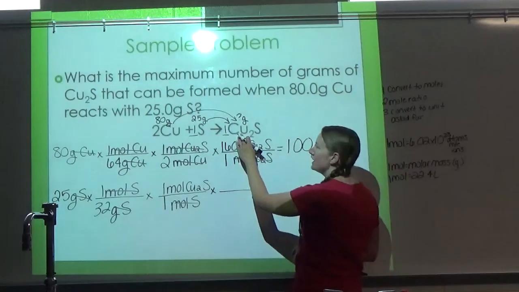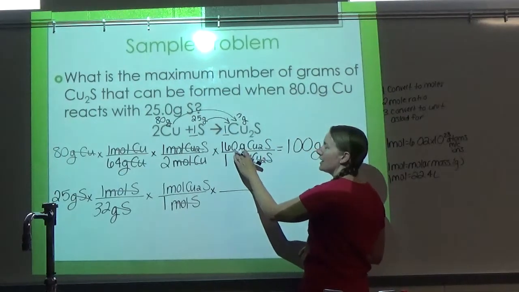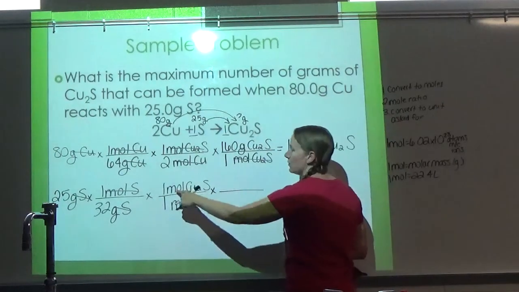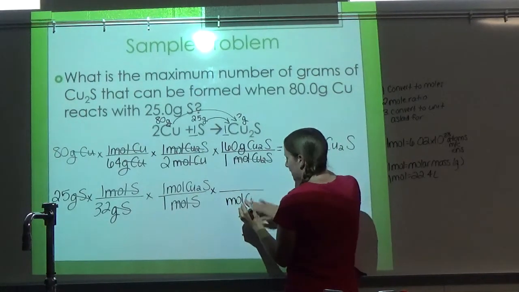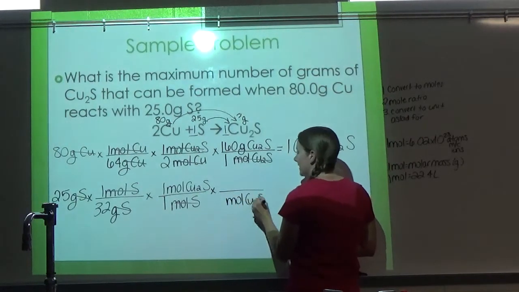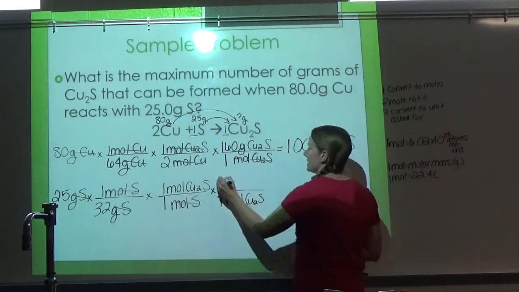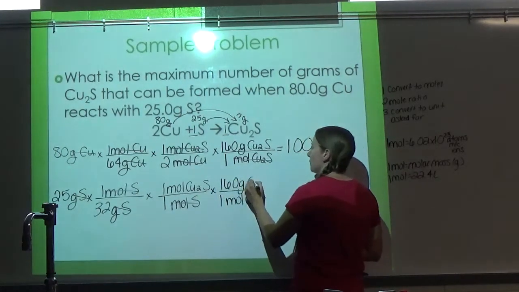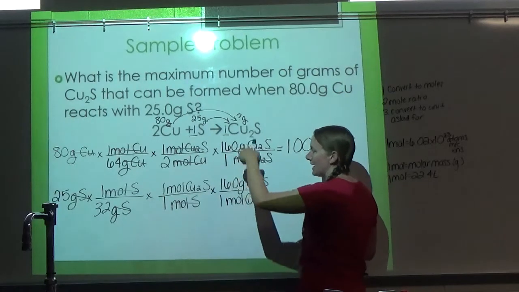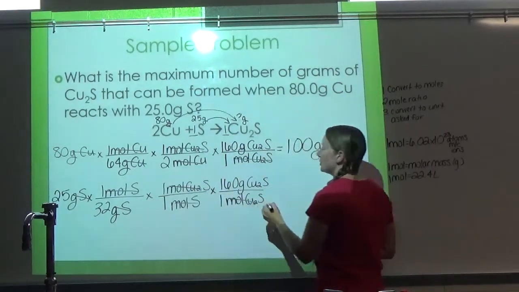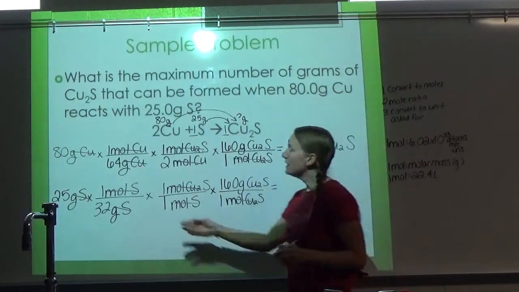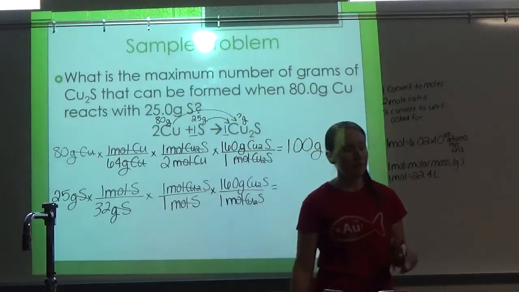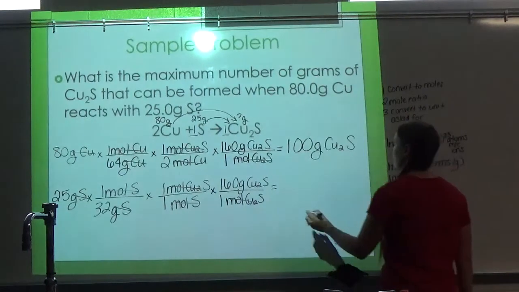Because we're trying to get to Cu2S, we already added up the molar mass, and of course your mole of Cu2S is going to go on bottom. So you don't have to re-add up the molar mass, because you're going to the same product both times.